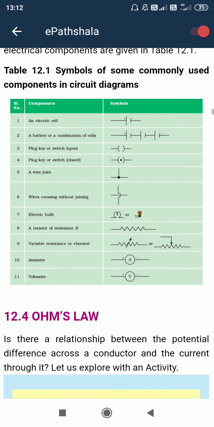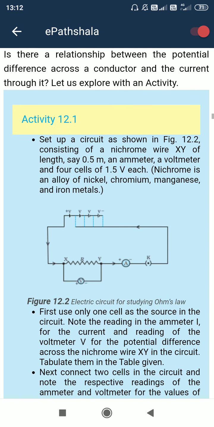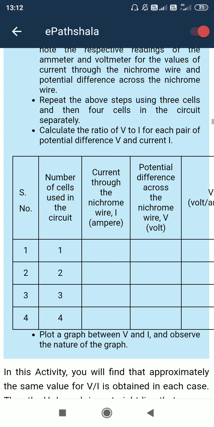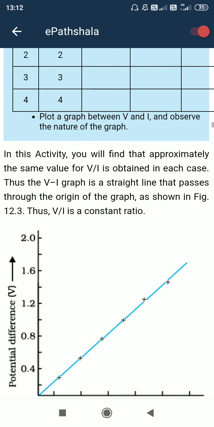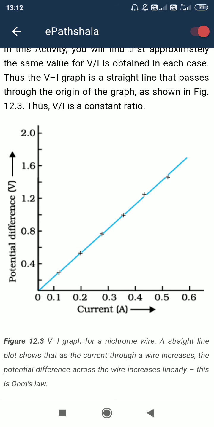Okay, so the circuit diagram is there. Ohm's law is an important law. Ohm's law means V is equal to IR. V is proportional to I. As we increase the potential difference between two points, the rate of movement of charge increases, so the electric current increases. This is the basic formula obtained by the scientist Ohm.